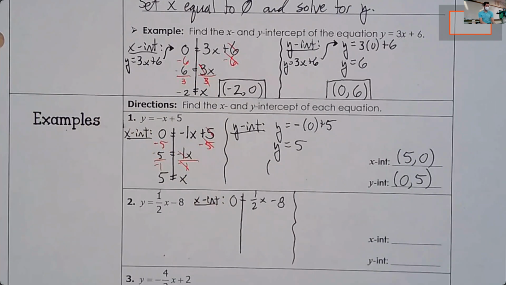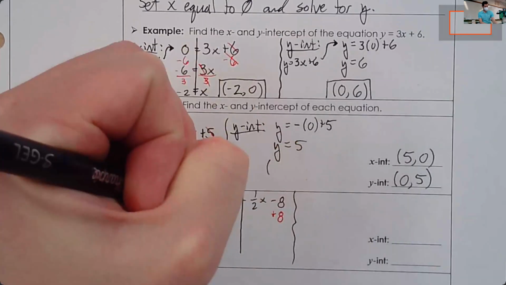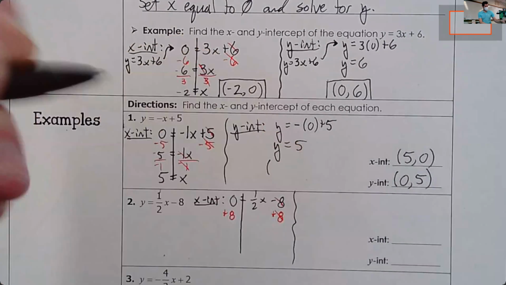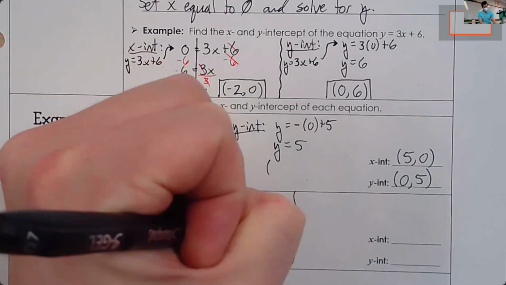What are we doing first on this for number 2? Take away the negative 8. What's the opposite of subtracting 8? Adding 8. So plus 8 to both sides. So that means 8 equals 1/2 times x.